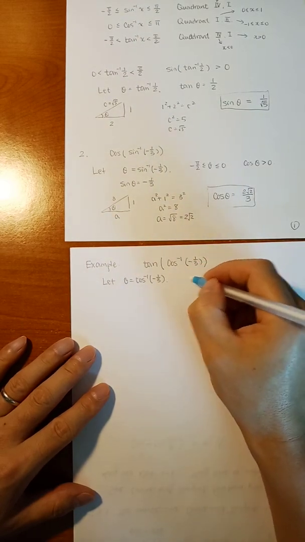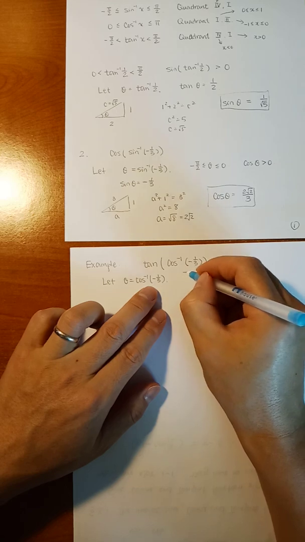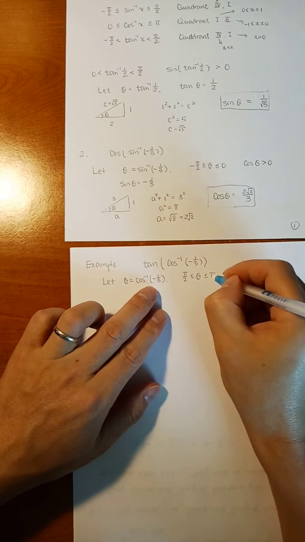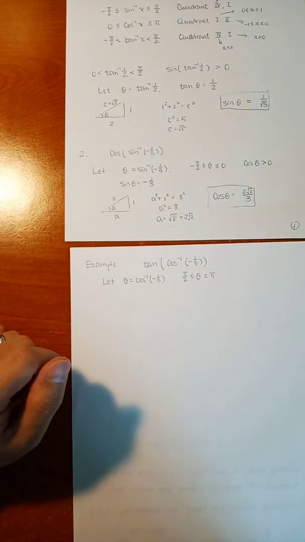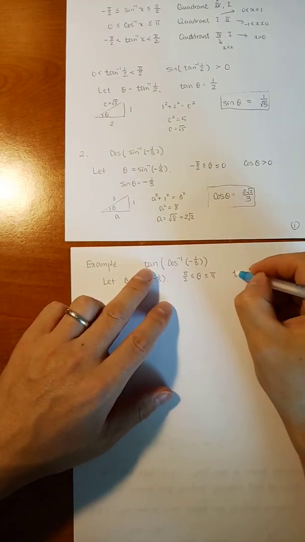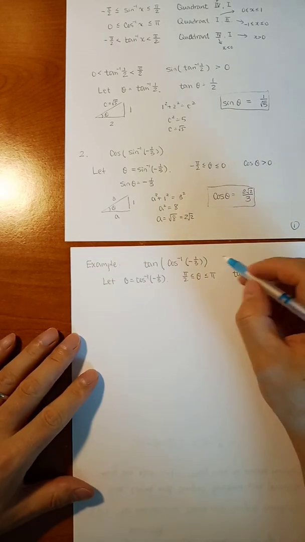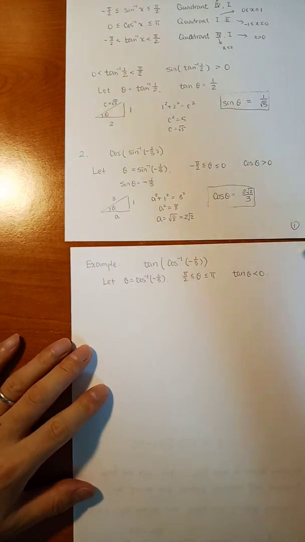Then, you see, the input is negative, so theta is between pi over 2 and pi. It's in the second quadrant. In the second quadrant, tangent theta is negative, so tangent theta is less than 0. Just keep this in mind. Your final answer should be negative.